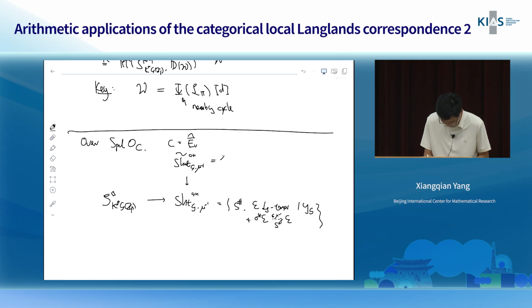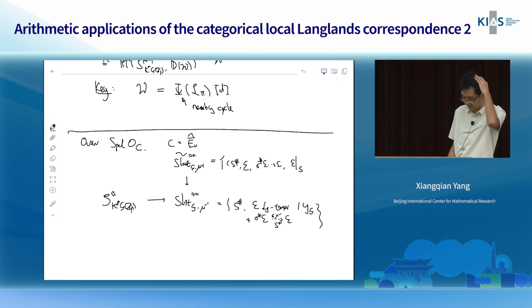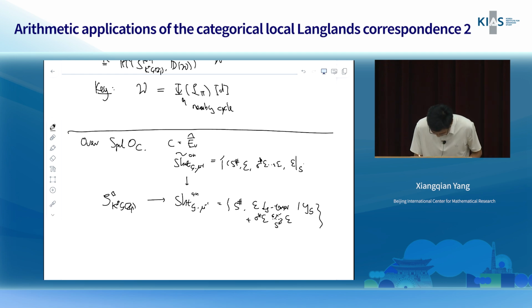And this is defined to be the same data as S sharp, E and this isomorphism, but adding data so that E restricts to S. S is a Cartesian divisor inside Y_S, and so this is a torsor of J, and then we ask that we can take its reduction to the Levi.